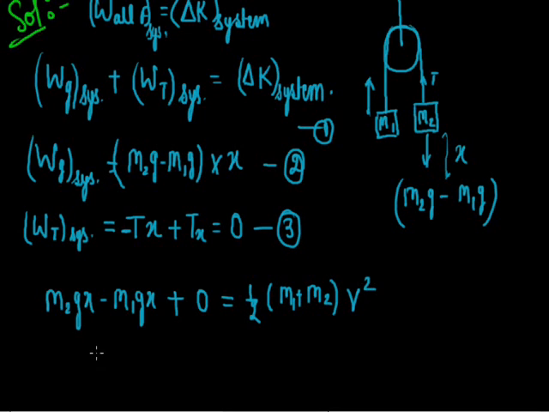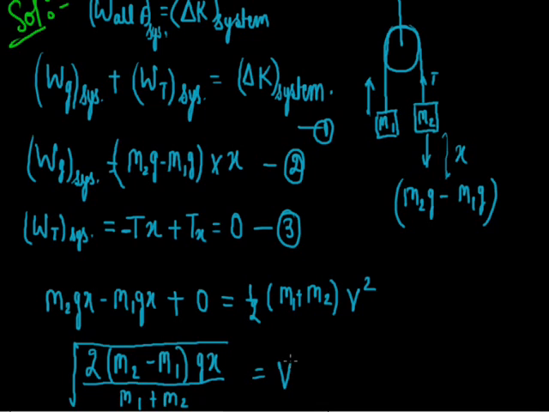Solving it, v equals root of 2 m2 minus m1 gx upon m1 plus m2. This is the value of velocity when they move a distance x.